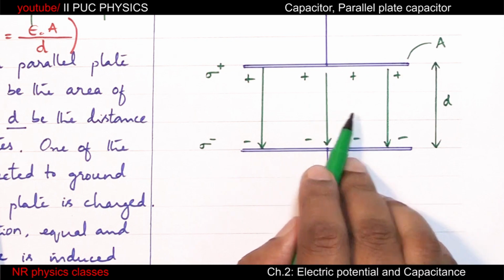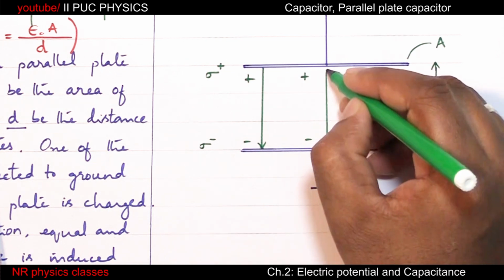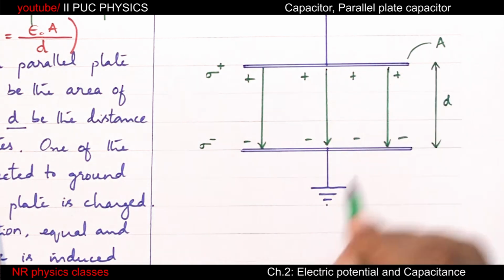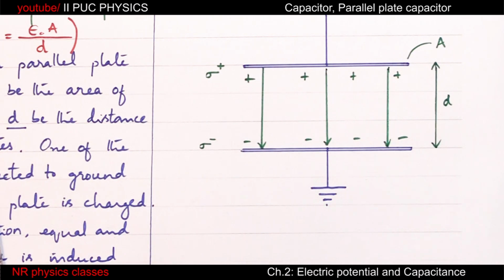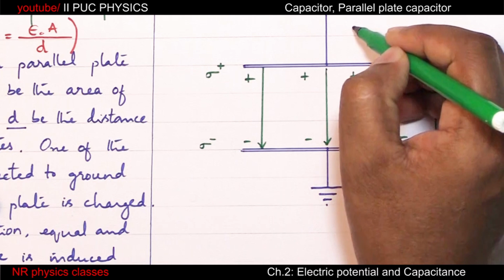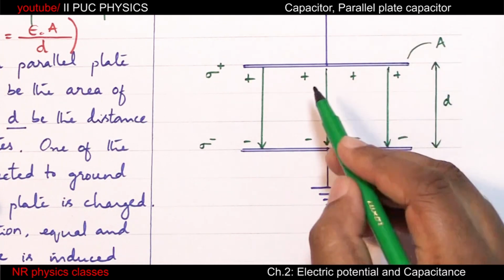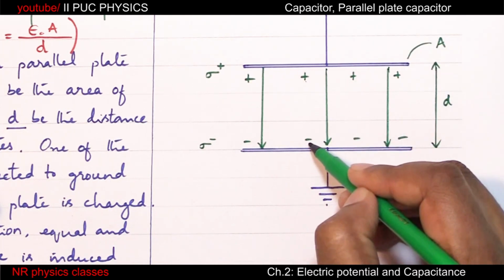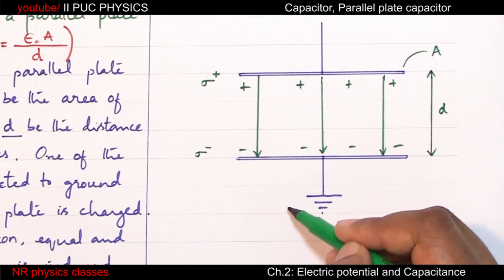This is that uniform electric field. There are three regions: the region above the positive plate, the region between the plates, and the region below the negative plate.